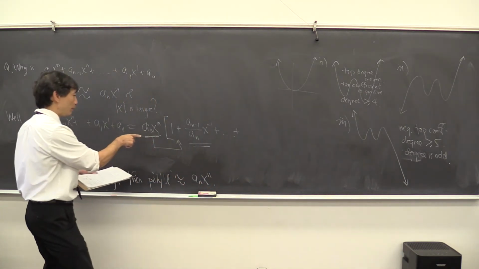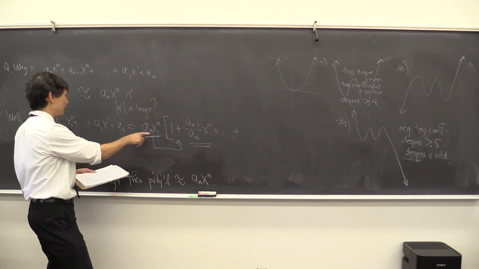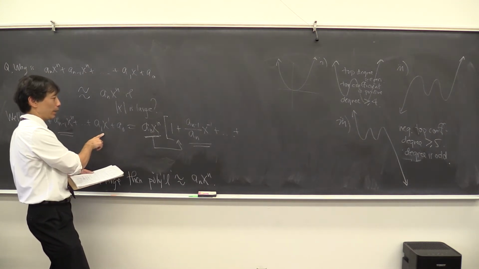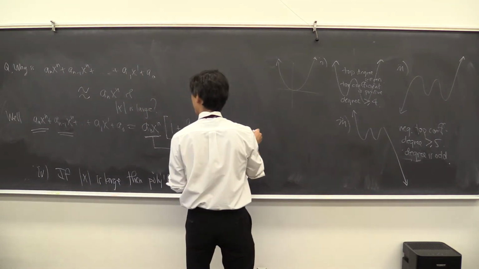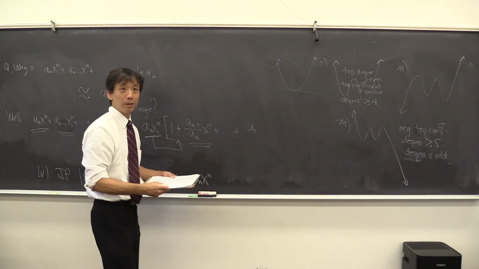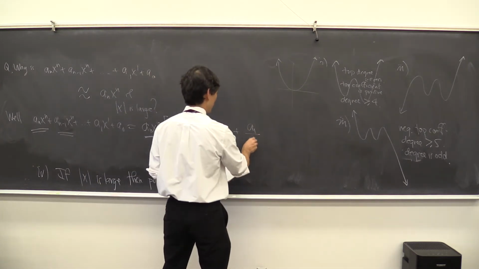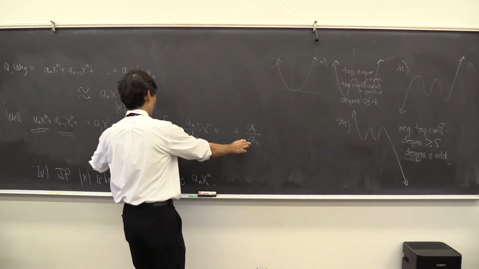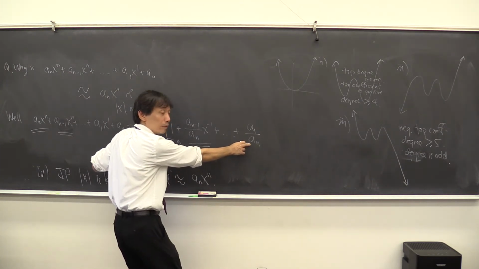What would we need to multiply this by to get a_1 x^1? Well, we want an a_1 divided by a_n, because when you multiply those together, that would give you the a_1.